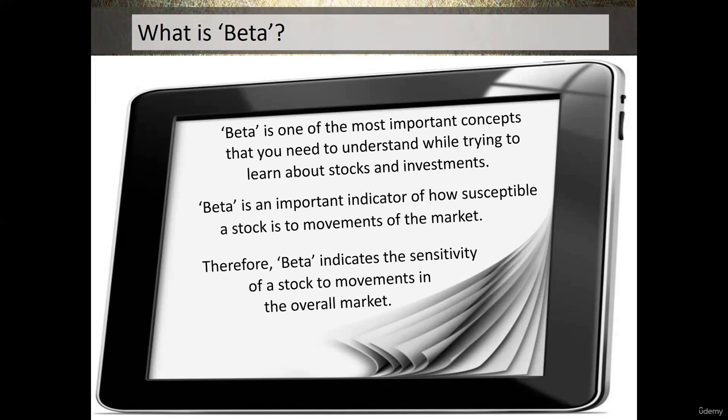Now beta represents systematic risk. Remember this always. Beta represents the systematic risk faced by a particular stock because it is in the system. What type of systematic risk could there be for a company? Economic stability and instability.